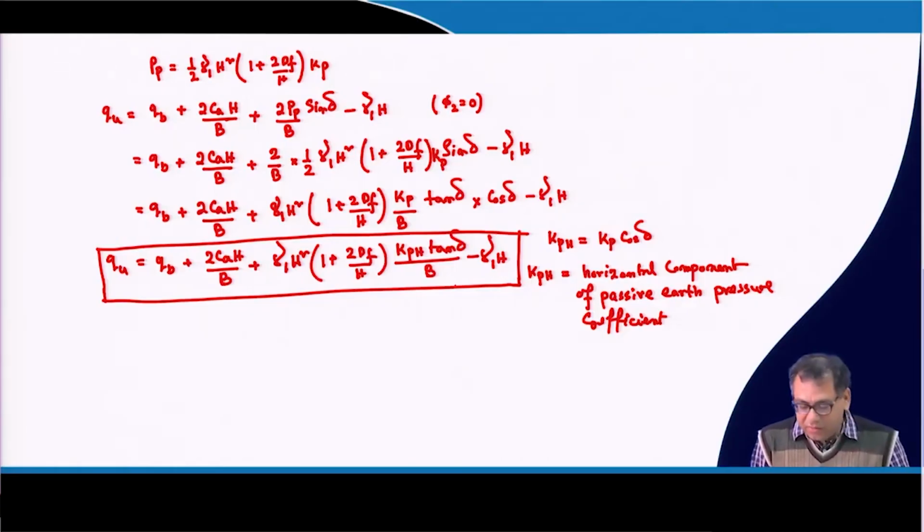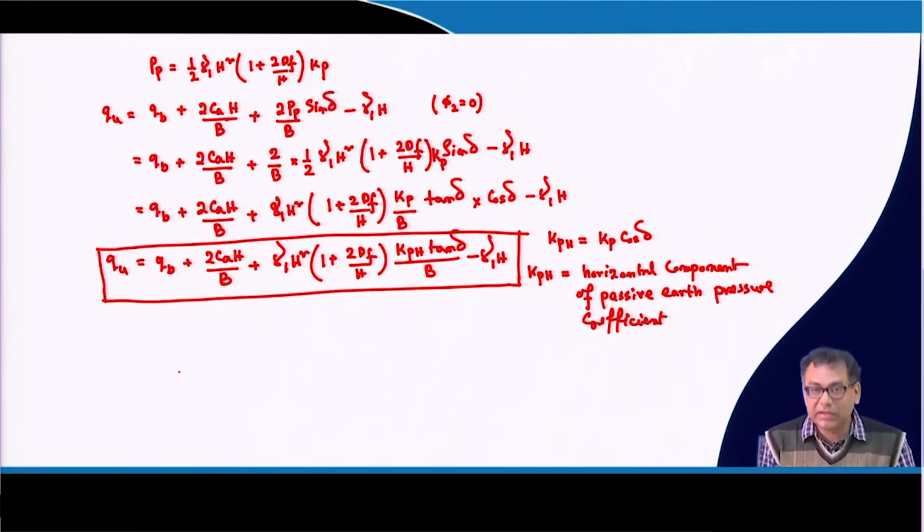Okay. We have represented them in this way, and this way all the charts are produced. That is why it is taken Kph, not Kp. If you take Kp, then it will be sin delta. If you take Kph, then it will be tan delta. So, now it is Kph.